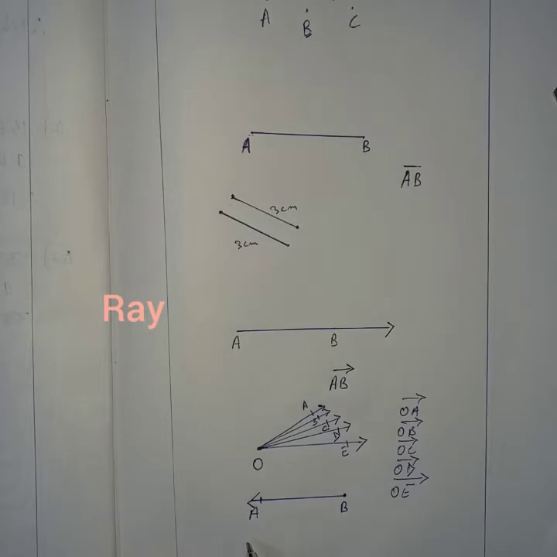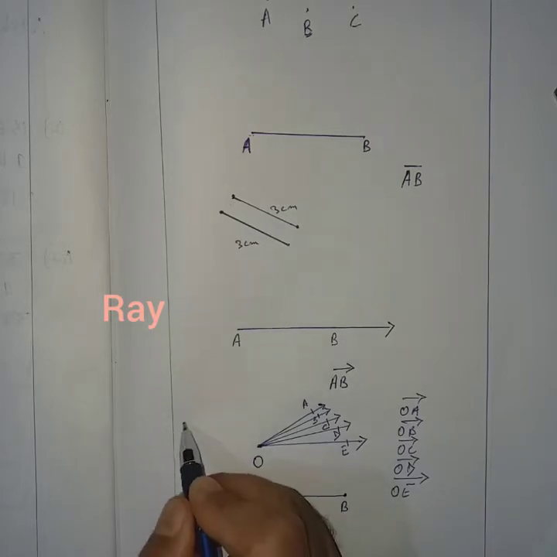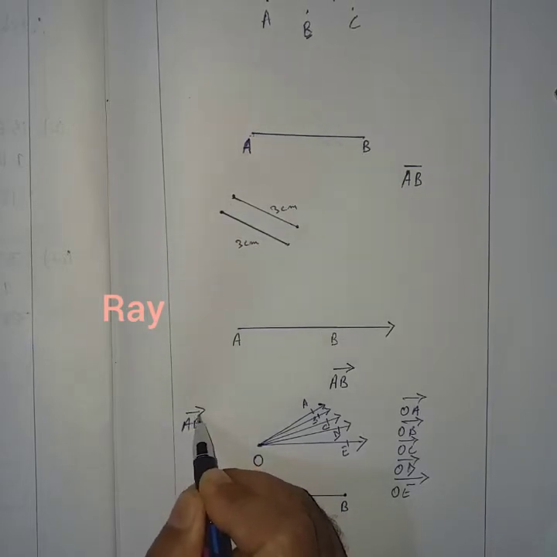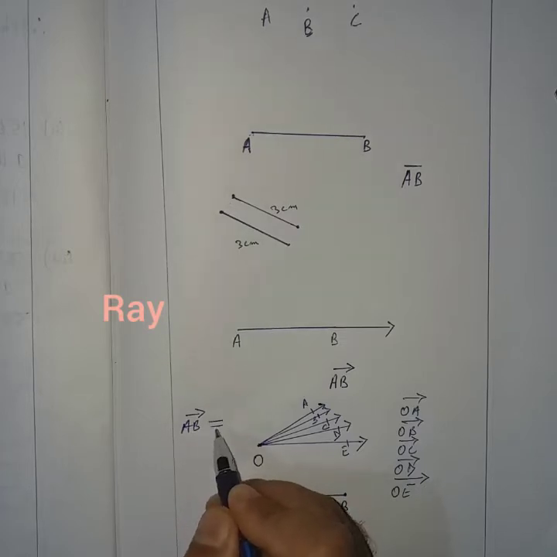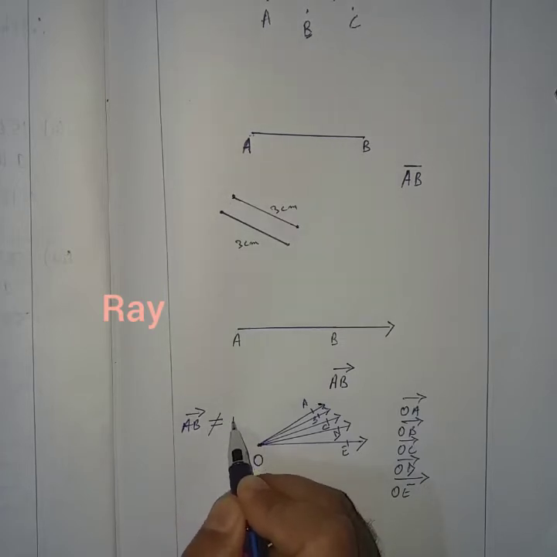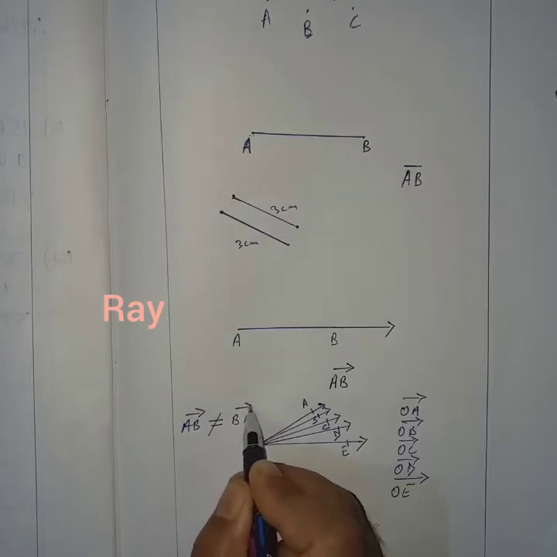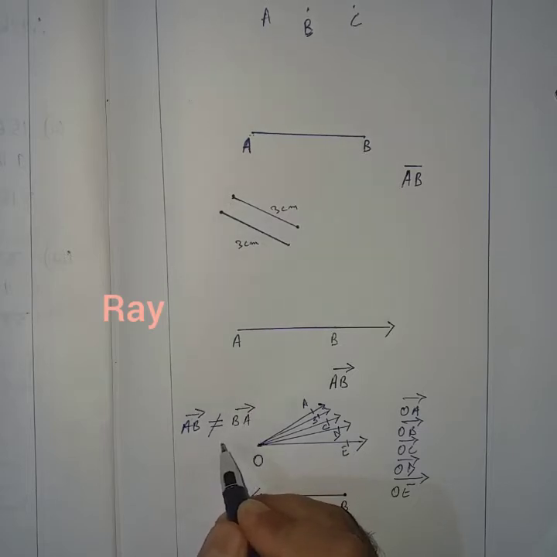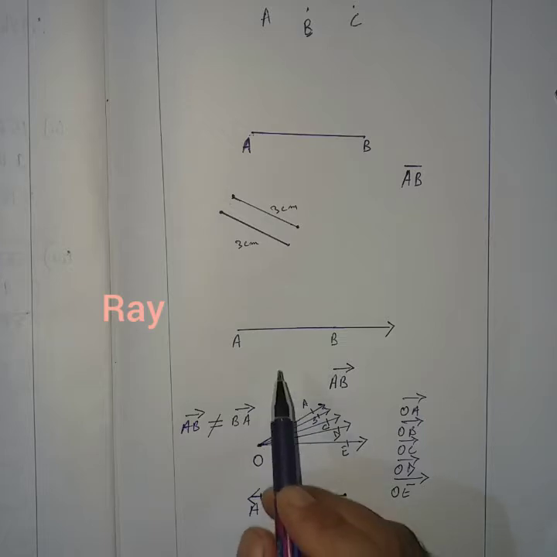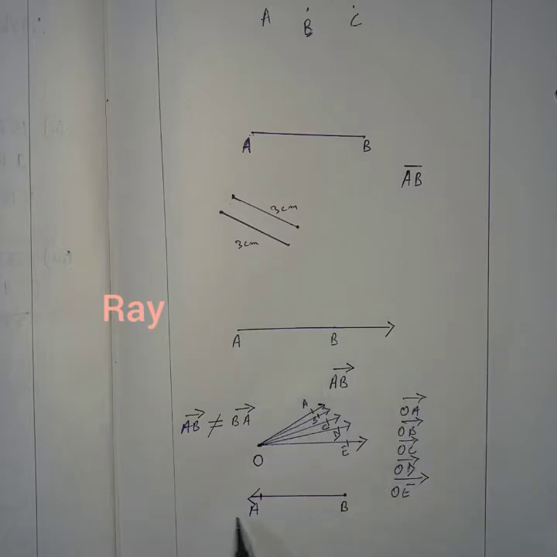Now ray AB is not equal to BA. Okay, do remember, as the direction of the rays are different. It is moving to this direction and it is moving to opposite direction of AB. So that is why AB and BA are not same.